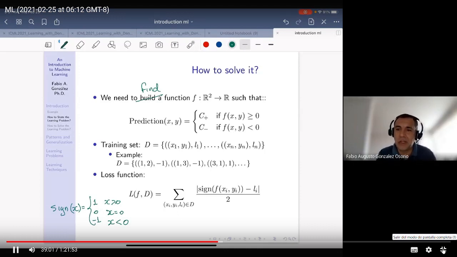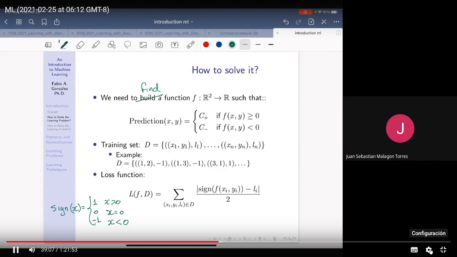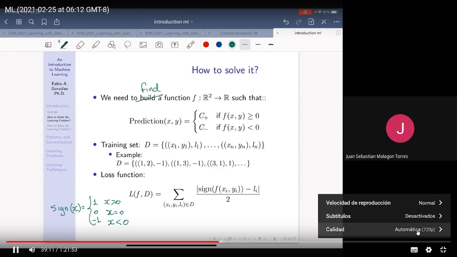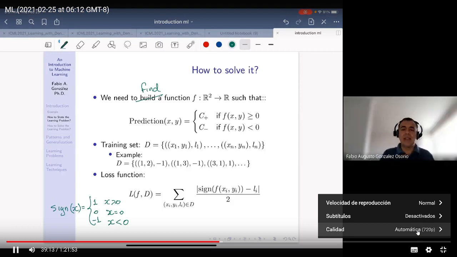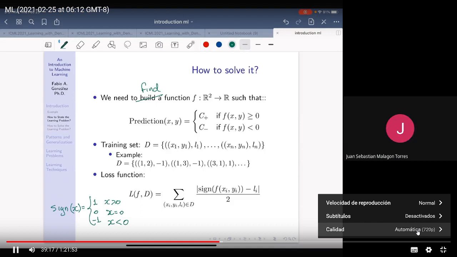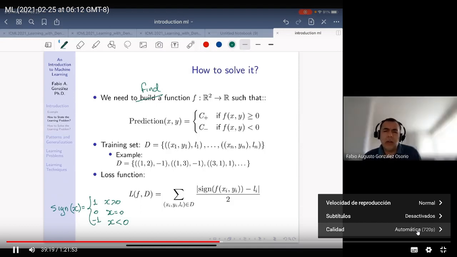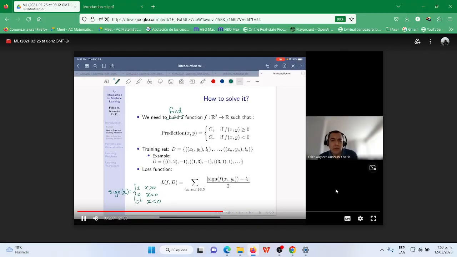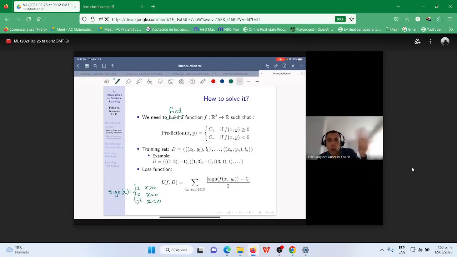Okay, Juan Sebastián Malagón. I'm writing in the chat: maybe the distance between the expected and real value. The distance. Okay. So 5 means that the function is like 5 points away from what?